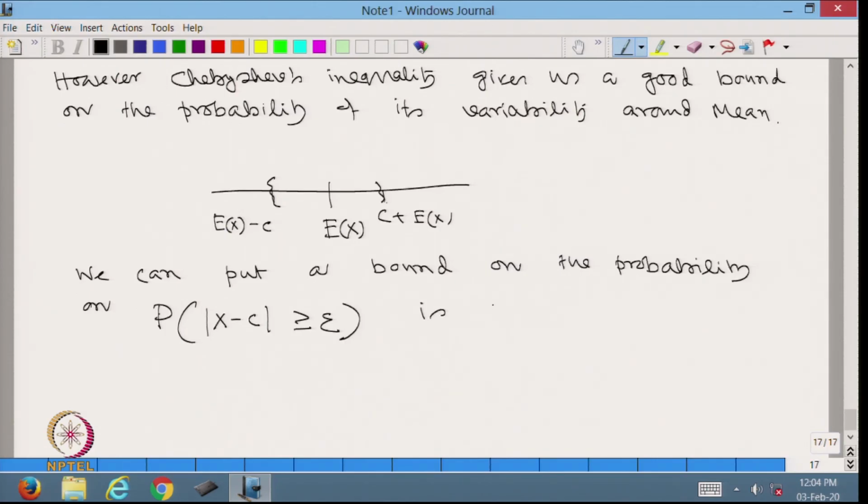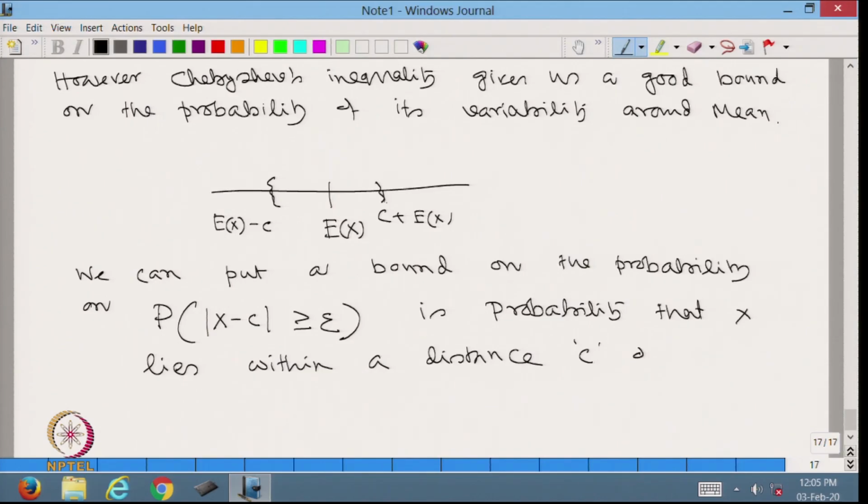That is, probability that x lies within a distance c of or around expected value of x.